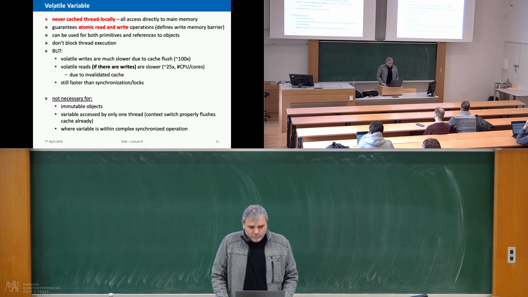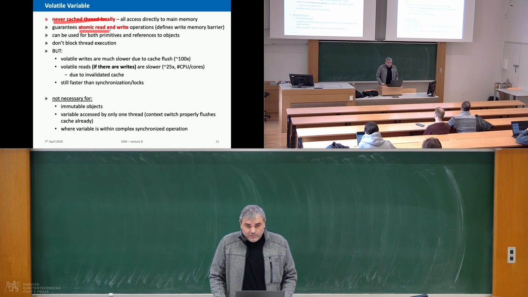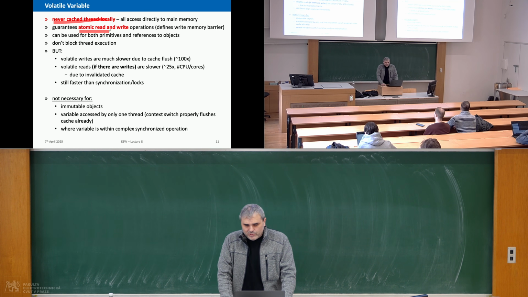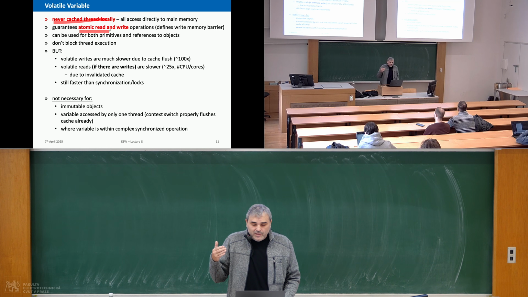So to summarize, volatile variables are never cached locally inside the thread. All access goes directly to the main memory from the CPU perspective. It guarantees atomic read and atomic write operations because it defines a memory barrier causing that flush, no reordering, etc. It can be used for primitives in the case of the JVM, or for references to objects as well.